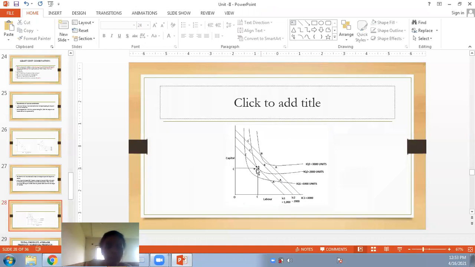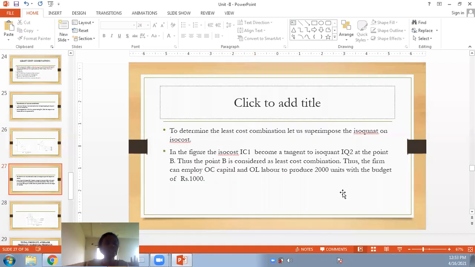Because of that, we determine the least cost combination as the point where the iso-cost becomes a tangent to the iso-quant. Such a point we call the least cost combination.